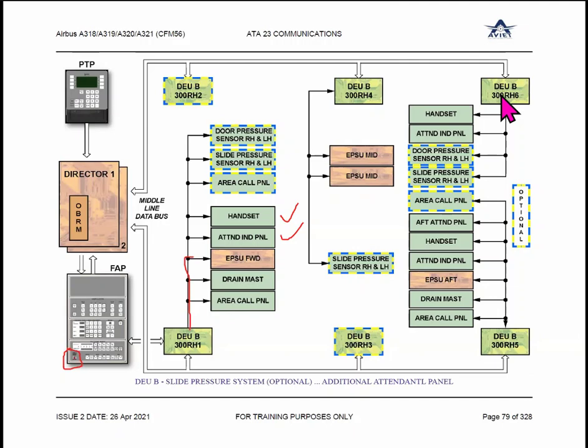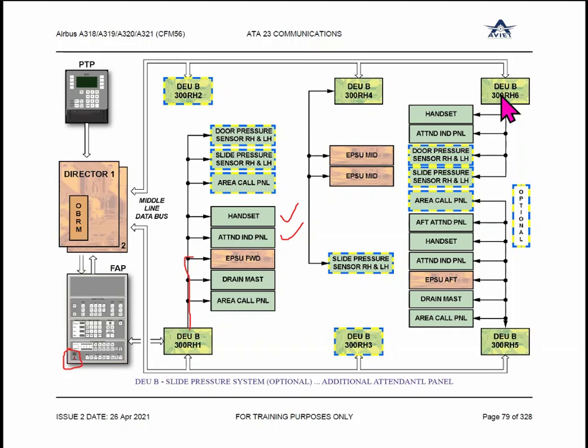If you see the diagram, we have 6 DUB, decoder encoder unit Bravo. 6 provisions are there, but in the 320 only 4 are installed, 2 are left vacant, maybe for future use. In the last 20 years, I have never seen anyone using the 5th one. There is no increase in services. In fact, they are reducing the services and converting them into digital communication. So you can expect they will be reduced, not increased.